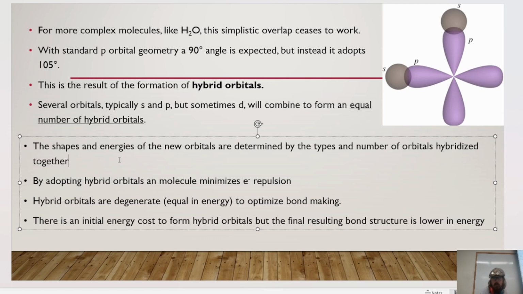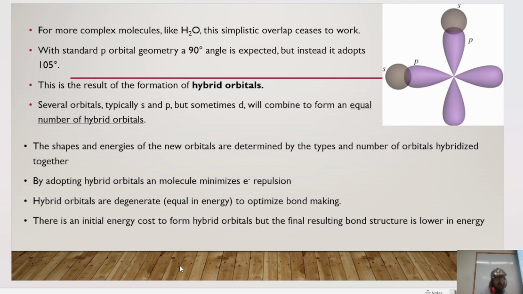These new orbitals are named according to how many and what type of orbitals they use. But these guys have new shapes and can adopt new positions to minimize electron repulsion.